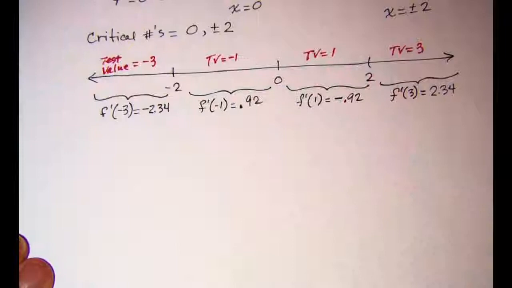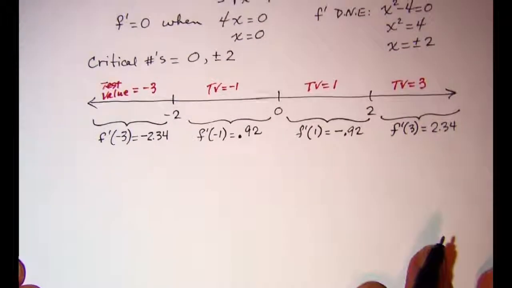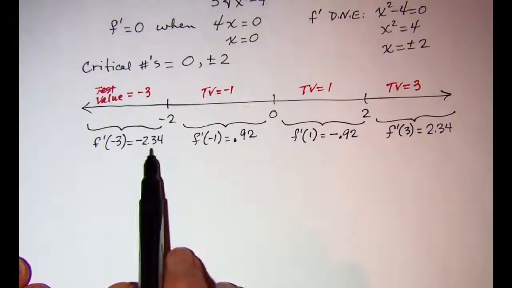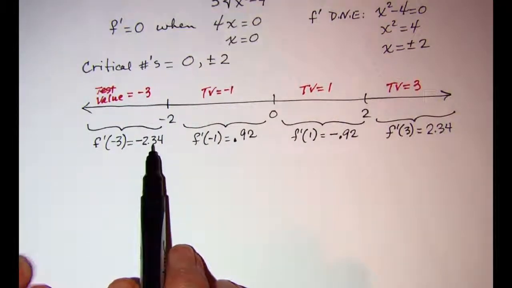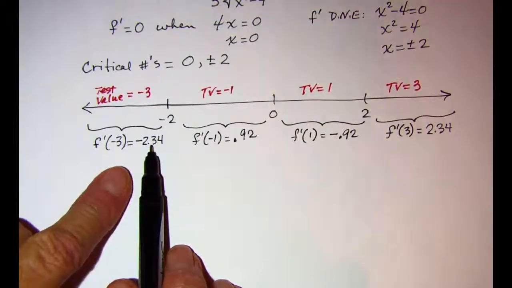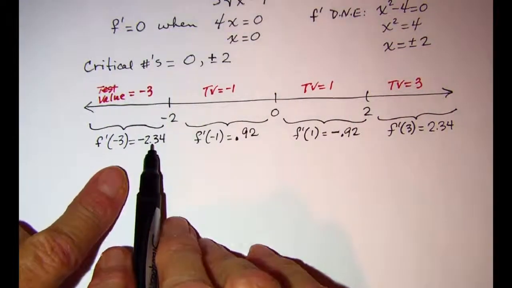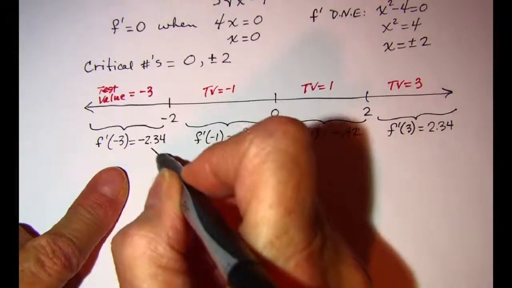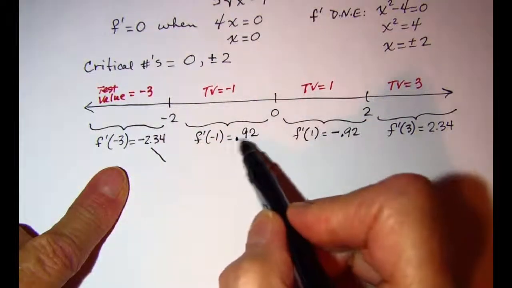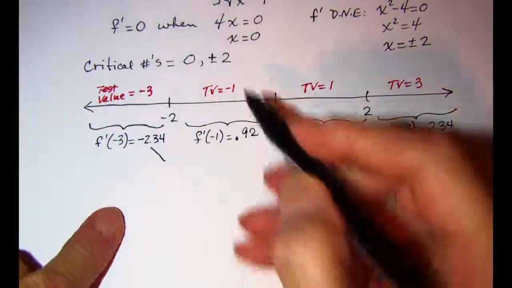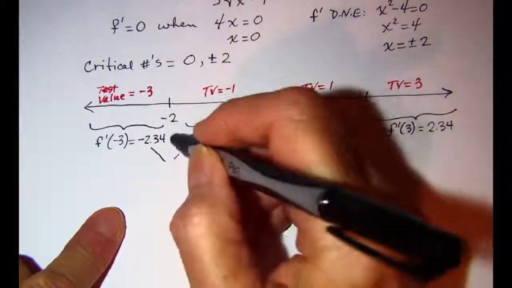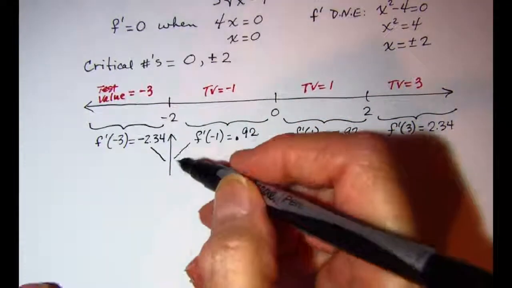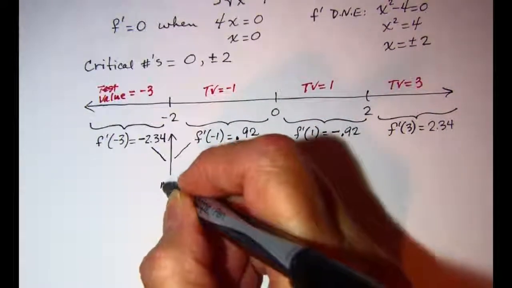Now we didn't need a lot of accuracy with those because all we're really interested in is the sign of the derivative in this interval. Right? So we see that the derivative is negative on the left side of this critical number. The derivative is positive on the right side. And so this critical number is representing a minimum.